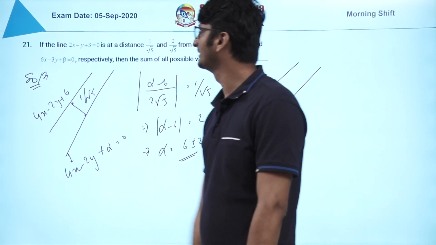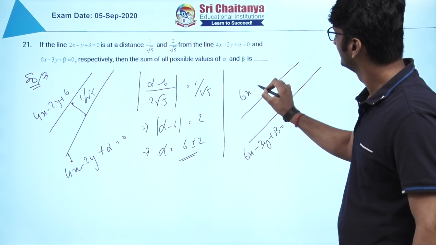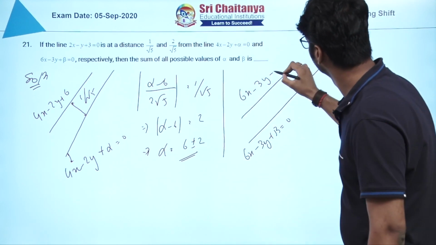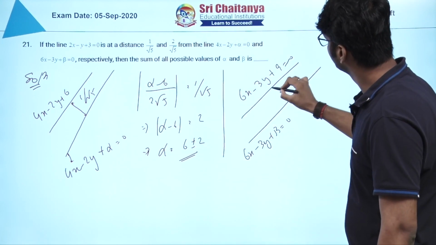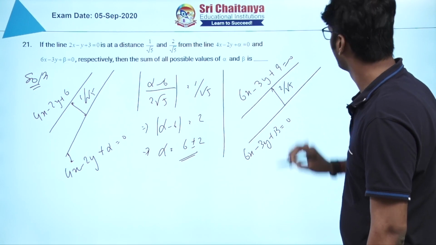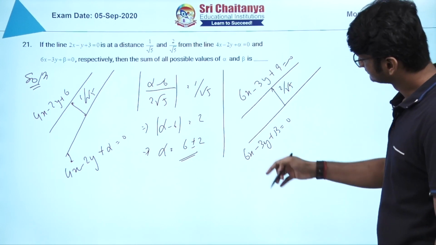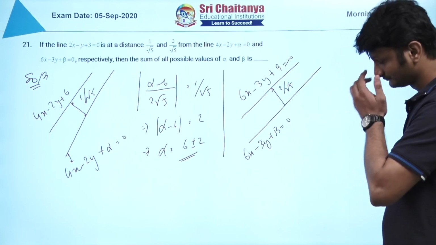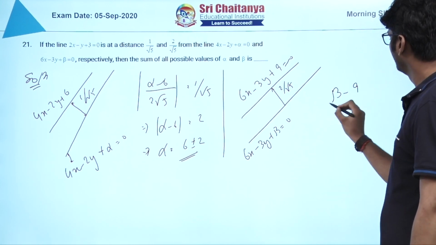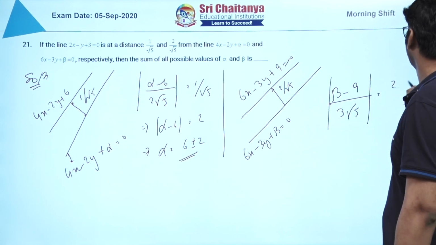Multiply by 3 to make the coefficients equivalent, 6x minus 3y plus 9, since 3 into 3 is 9. The distance between them is given as 2 by root 5. Okay, apply the parallel distance formula: beta minus 9 by 3 root 5 is equal to 2 by root 5.